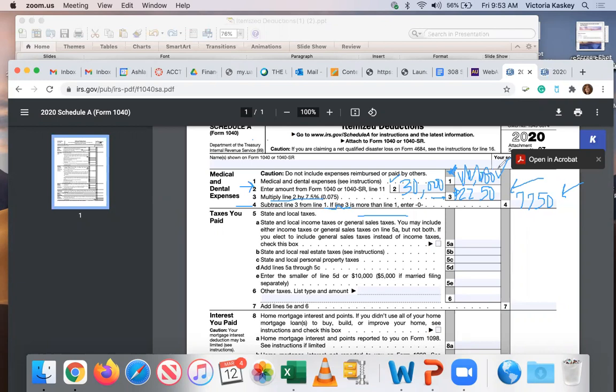So if your medical and dental expenses, for example, totaled $2,000, this would be 0 because your limitation, the amount of your percentage of your AGI, is higher than your actual medical and dental expenses.